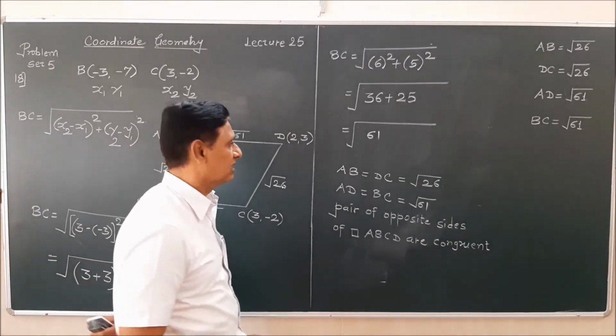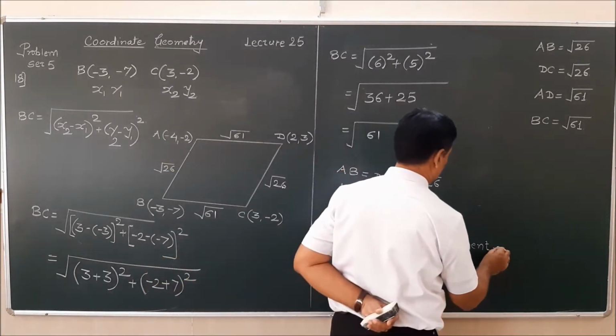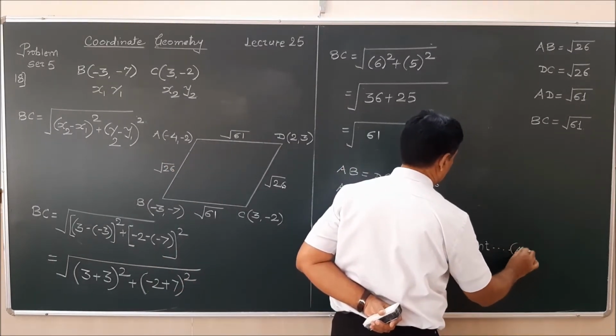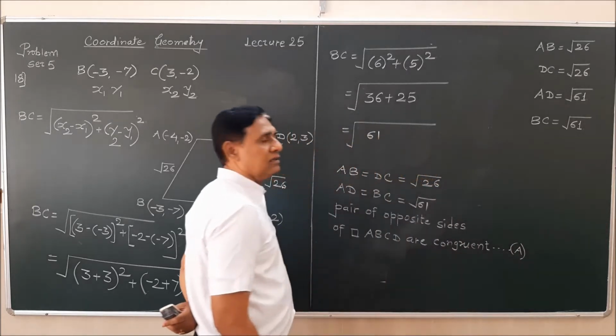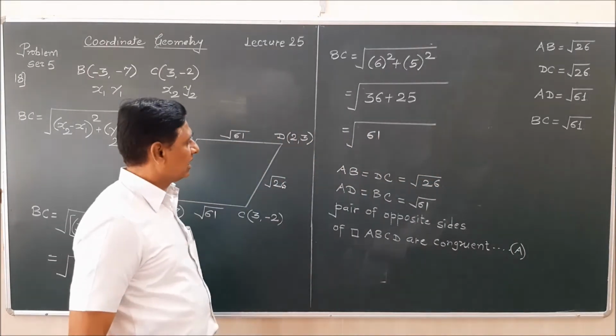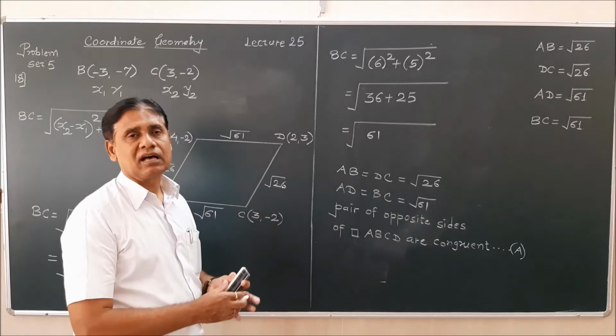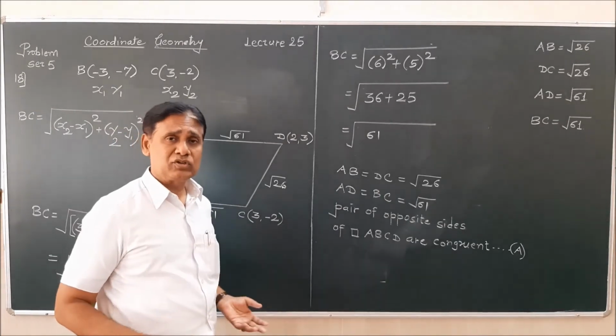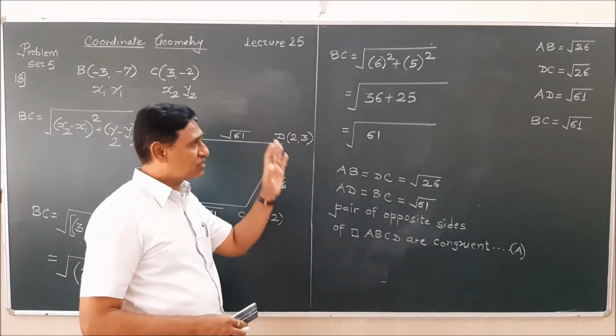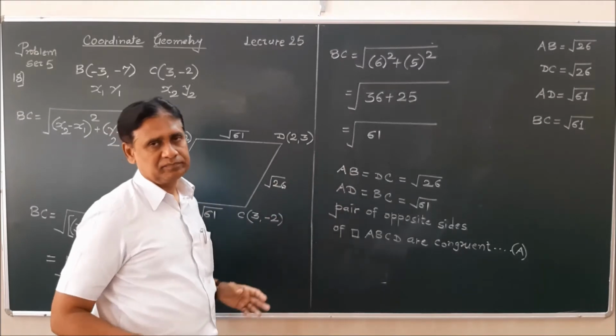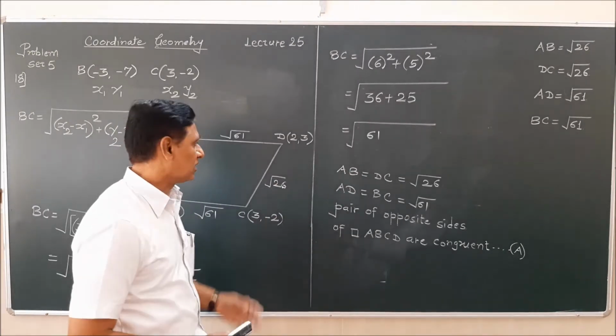Okay, this is our result A. That pair of opposite sides are congruent. Now what I am going to prove? That their slopes are also the same. I am going to prove now that the slopes are also the same.